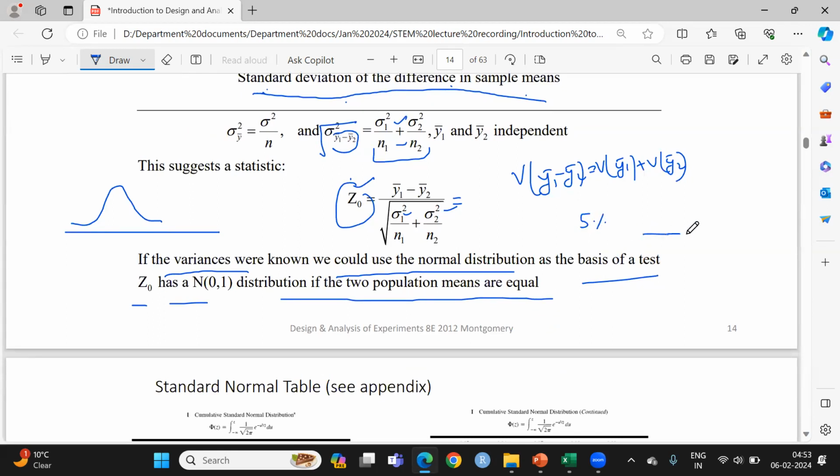It means that we are excluding 5% area in total from the left hand side and the right hand side. So it means 2.5% area on the left hand side and 2.5% area on the right hand side. So whatever the value that divides this probability into different parts.